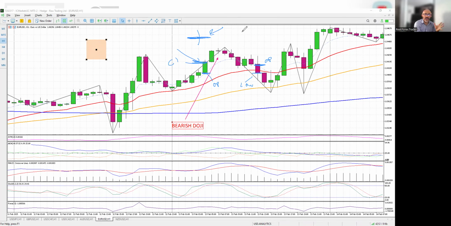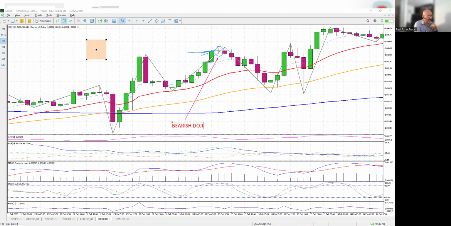So when those dojis appear, we must be very observant of the market and, of course, other indicators. For instance, this very doji that we identified here comes after a bull candlestick. That is a good indication because it's almost a marubozu.